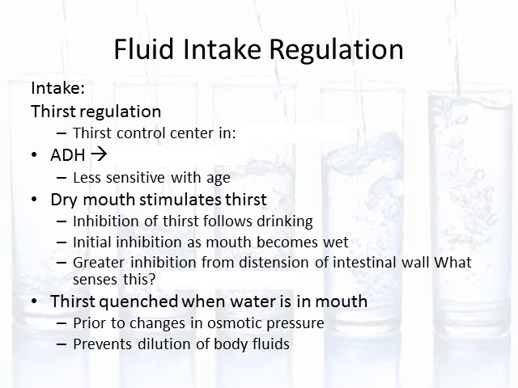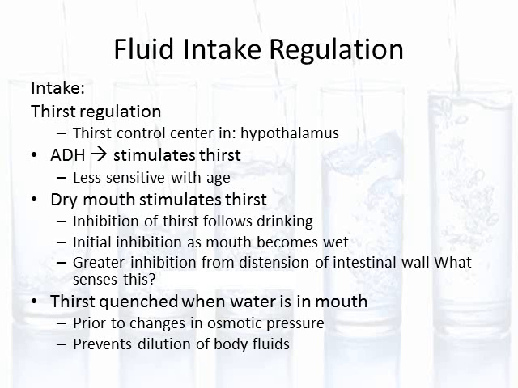So the fluid intake regulation is a little bit different, and this is new to this section. One is by thirst, obviously. How much we take in is how thirsty we are. The thirst control center is found in the hypothalamus in the brain. If we have an increase in ADH release, then we get thirsty. That's one of the effects of ADH.